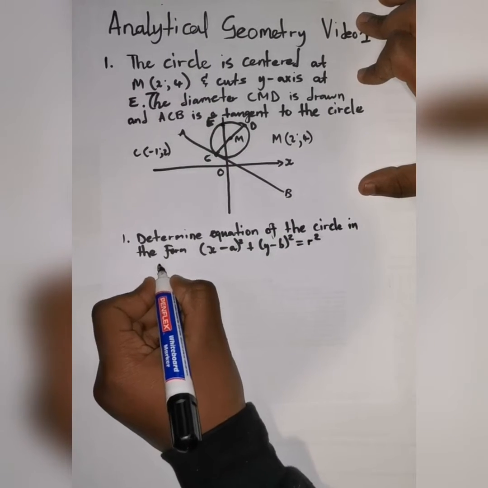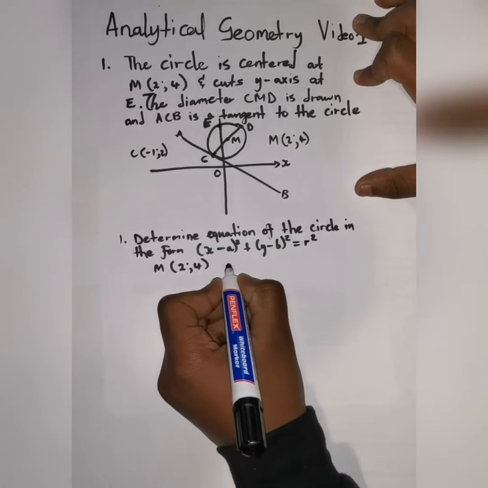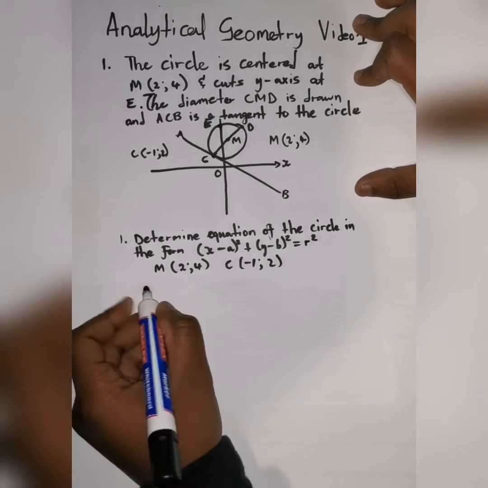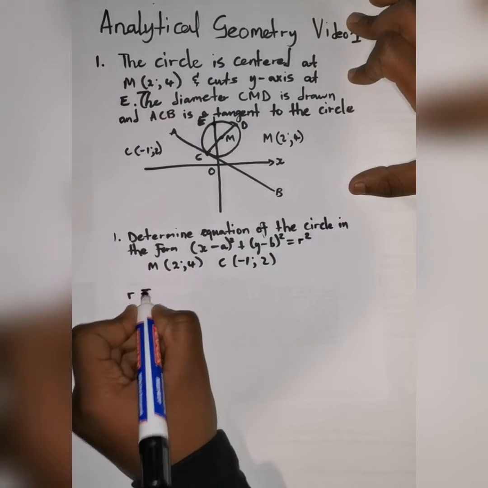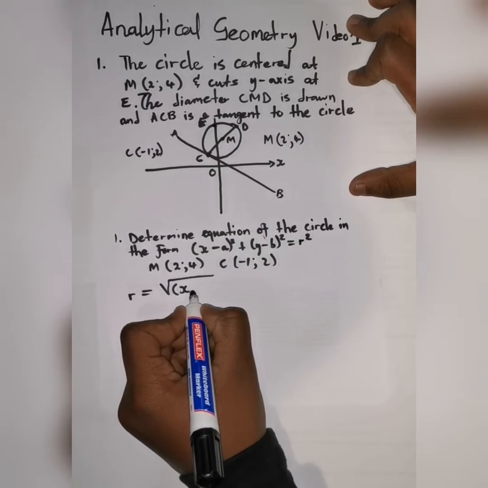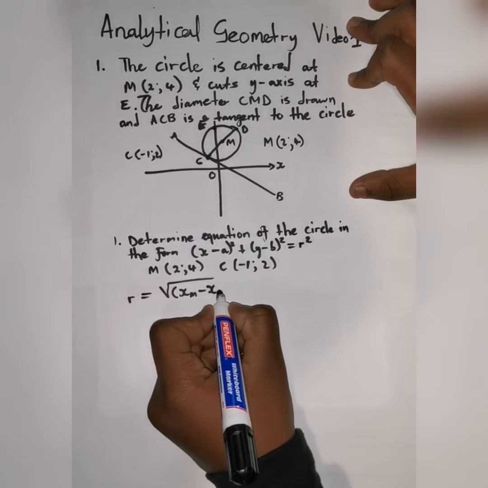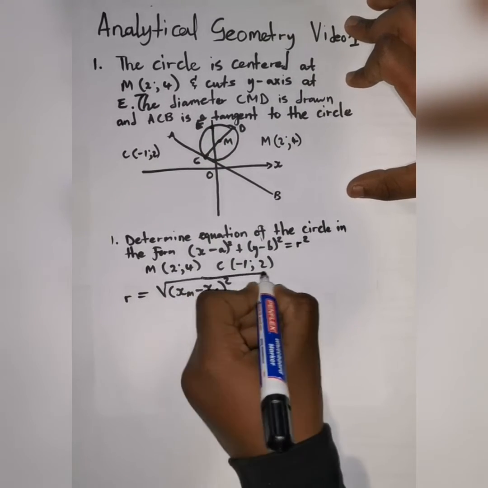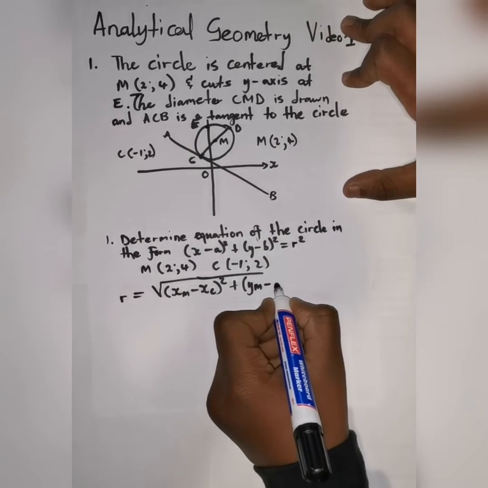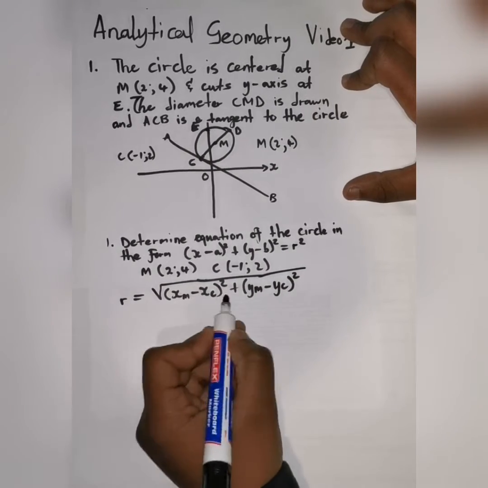We have point M, and then we also have point C. The distance is x of M minus x of C, squared, plus y of M minus y of C. They can be in any order.